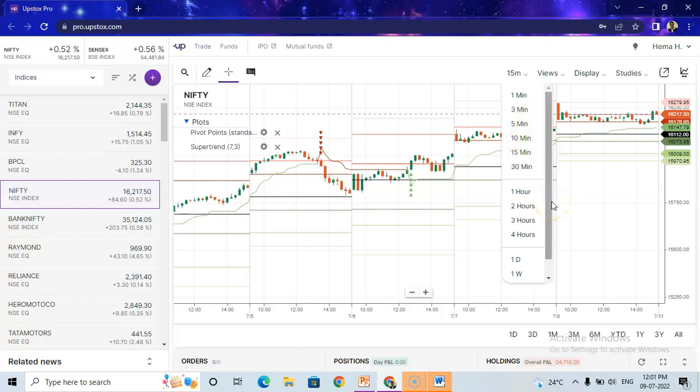If you want to hold it for a longer period, for a full day, then you can go for 30 minutes or 1 hour. For swing you can use day, for positional trading you can use week, and for long term you can use 1 month as the timing. So, 15 minutes chart.